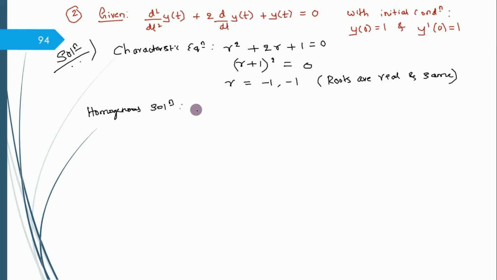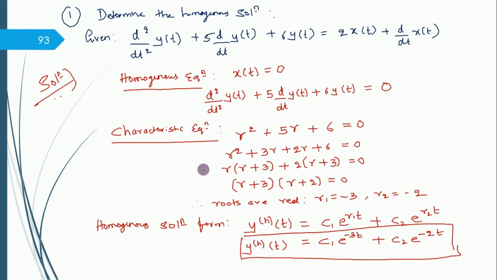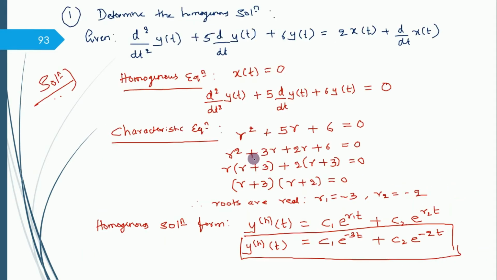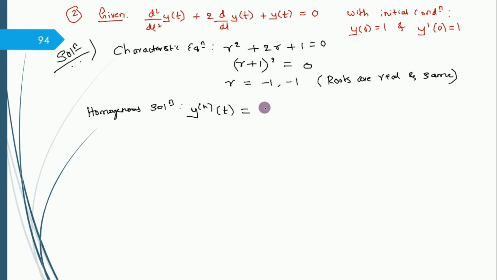In this case, the homogeneous solution is written as follows; refer to the table that is given. It is of the first section. When the roots are the same, you need to write C1 e raised to r1 t plus C2 t into e raised to r1 t. C1 e raised to r1 of t or else r of t plus C2 t into e raised to r of t.